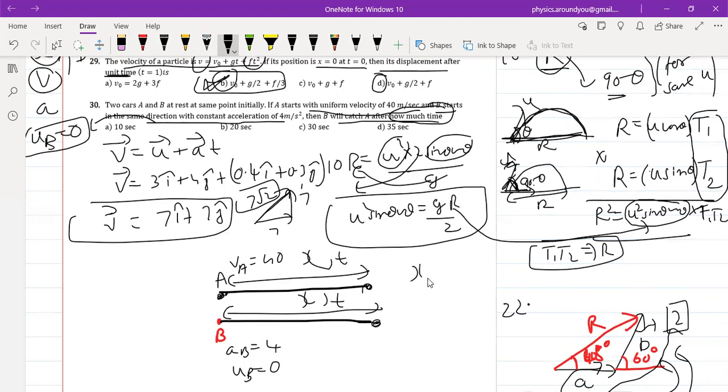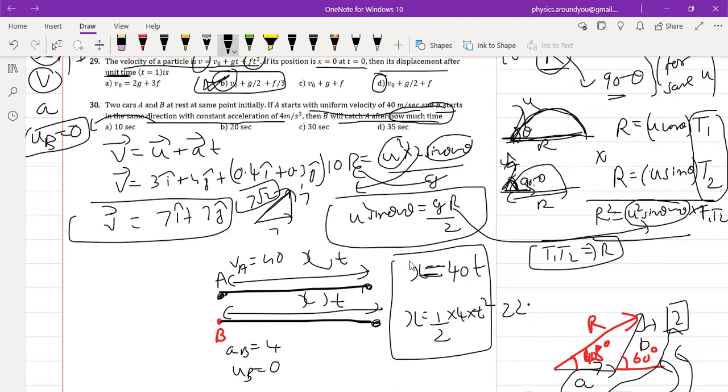This x is nothing but for A, it is speed into time, 40t. But for this B, x is equal to ut plus half at square because it's accelerating, but uB is 0. It should be half at square, right? For the first one, I can write x equal to 40t. For the second one, x is half into 4 t square.